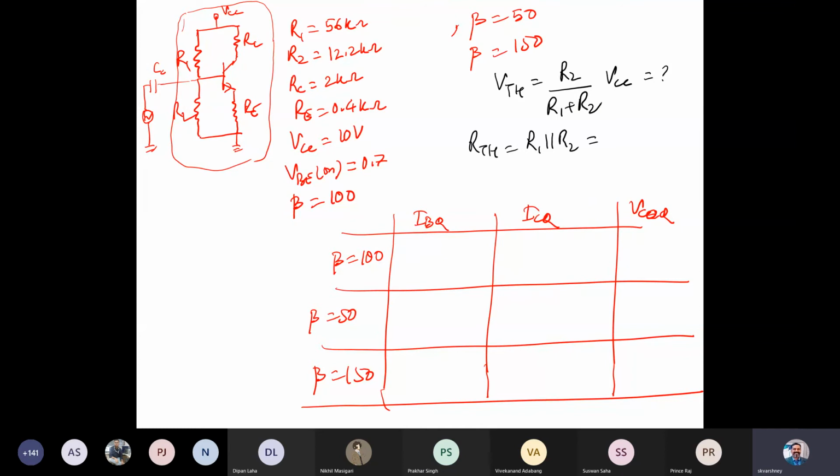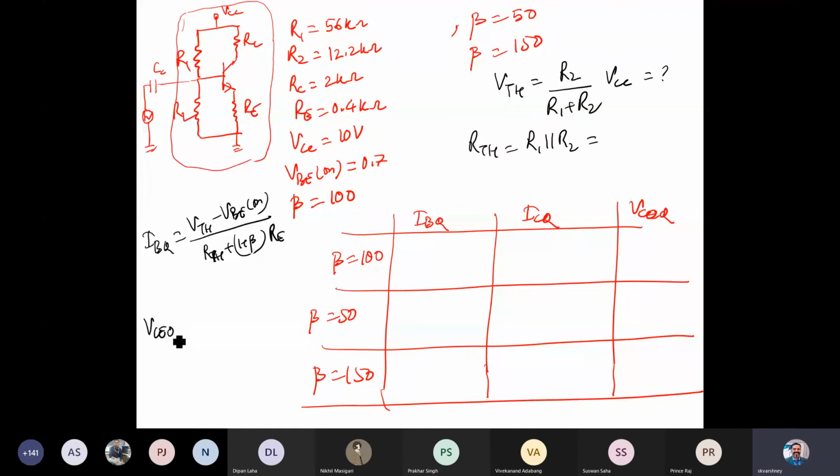Then you find IBQ for this circuit, and then you find VCEQ. IBQ is your VTH minus VBE on divided by RTH plus (1 plus beta) into RE, right?